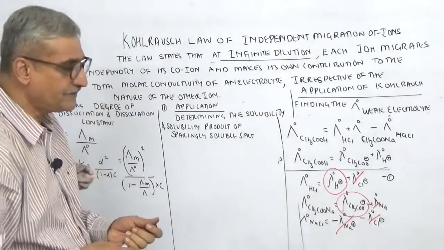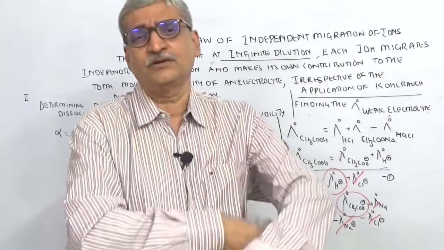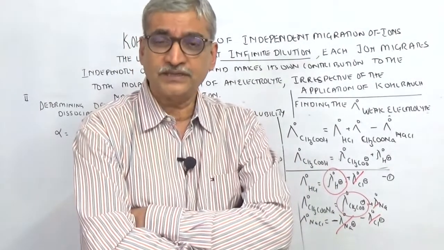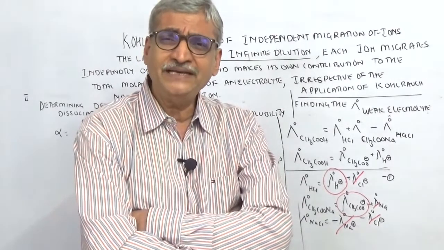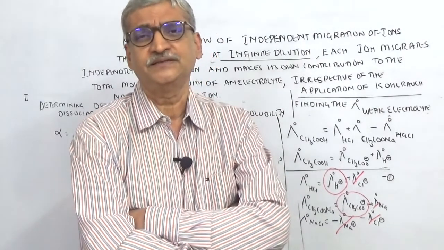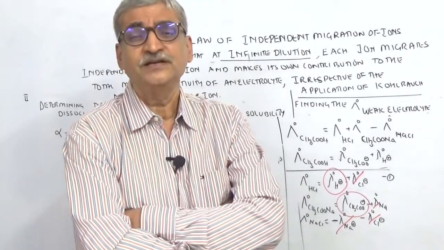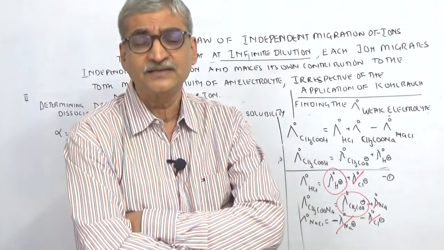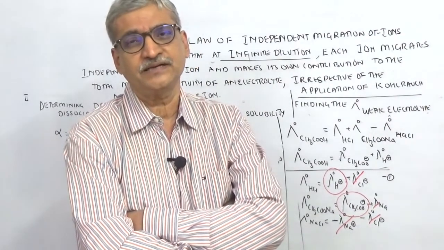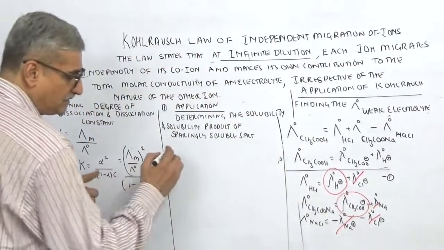For example, silver chloride. If you put 1 mole of silver chloride in a liter of water, only 10 raised to minus 7 moles of it dissolve, and that dissociates completely. So your silver ion concentration is 10 raised to minus 7, chloride ion concentration is 10 raised to minus 7. Now you got over here this equation, if you remember.